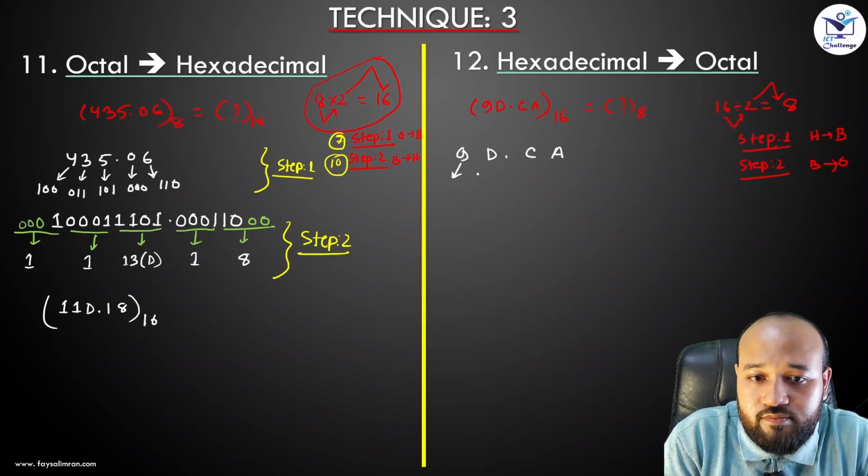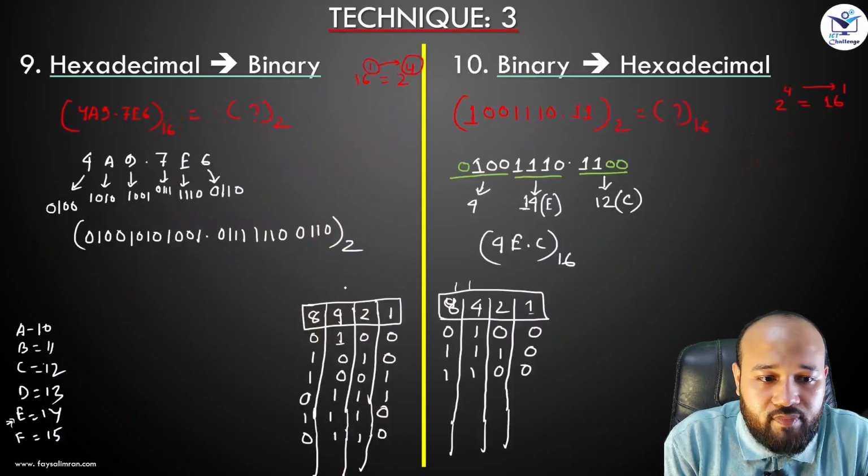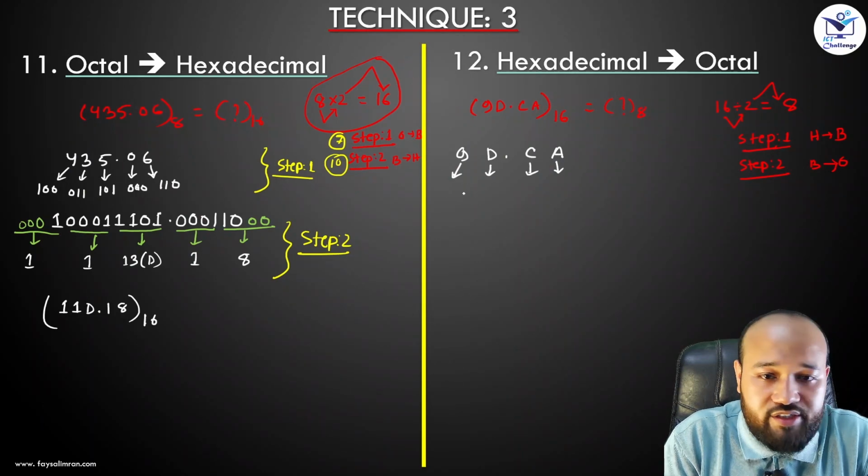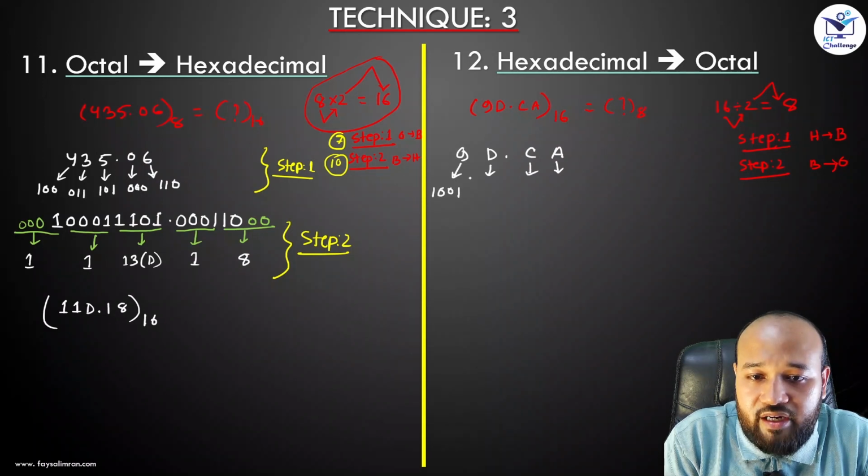You can write this chart again for this conversion, but I already know that, so I don't need to write it here again. So 1001 is the binary for 9, and D means 13, so the binary is 1101. C means 12, the binary of 12 is 1100.